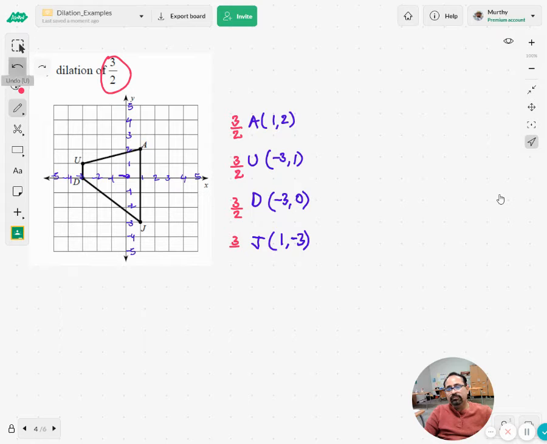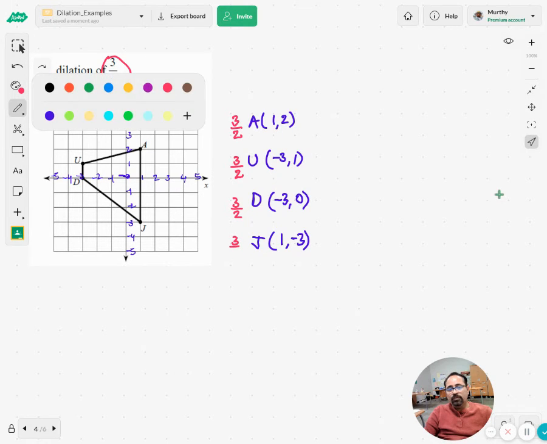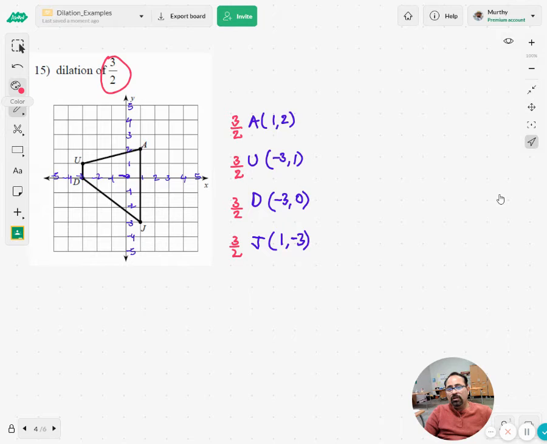A prime is going to be: 3 ones are 3, divided by 2, I get 1.5. Then 3 times 2 gives me 6, and 6 divided by 2 gives me 3. Feel free to use a calculator.